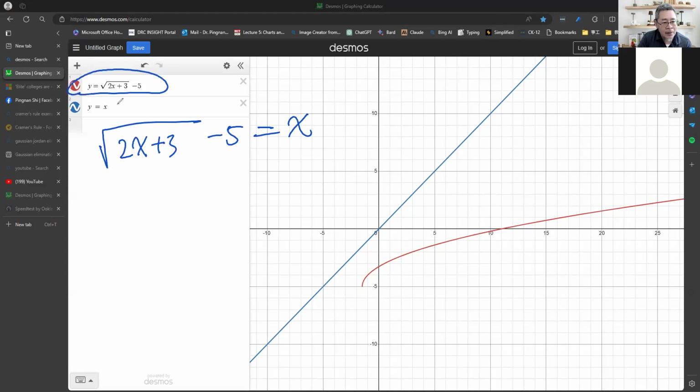We'll see if they are equal. When they are equal, that means they intersect each other. And you can see that there's no intersection between this function and this function. Good? Yep. Okay.